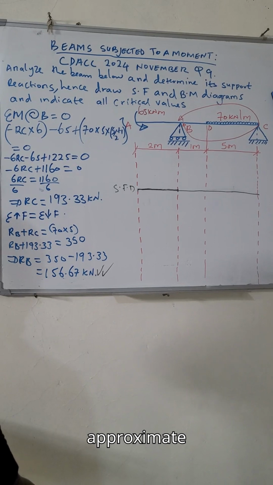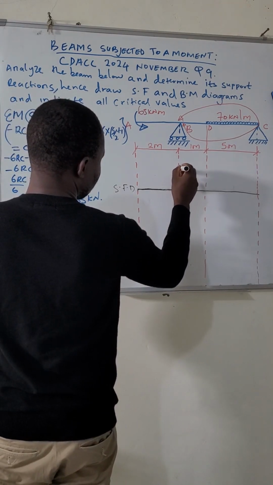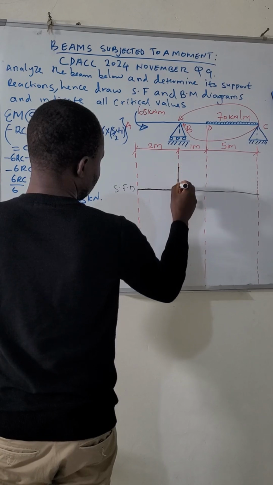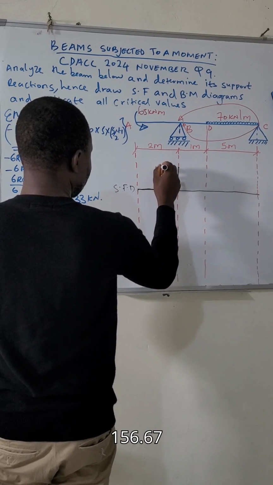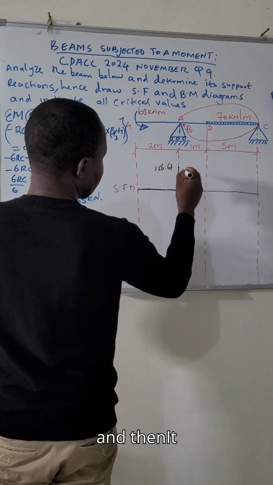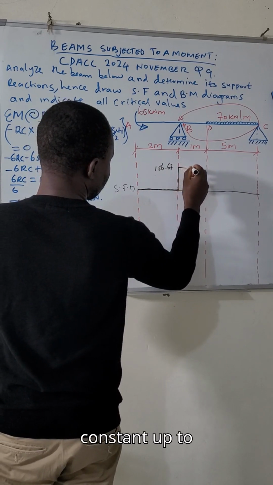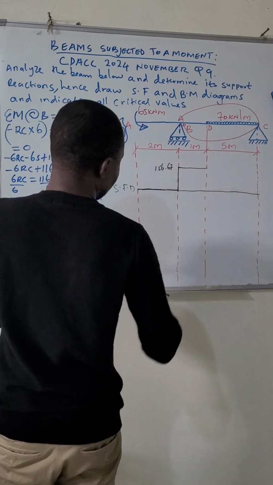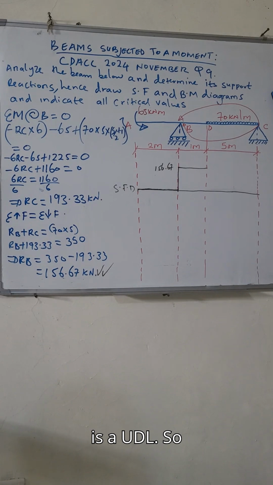So you approximate where 156.67 is, somewhere like there. So give it a value, 156.67. And then it will maintain constant up to the next loading, which is a UDL.